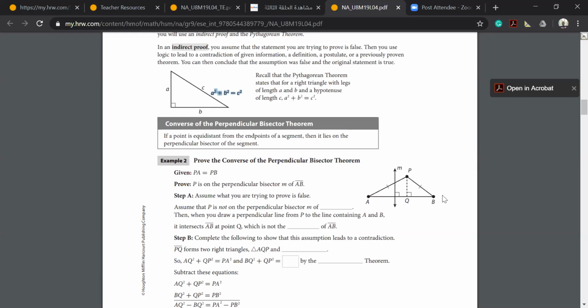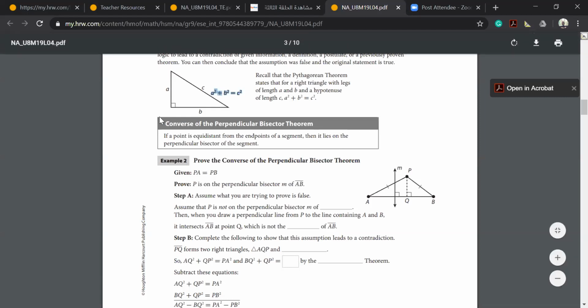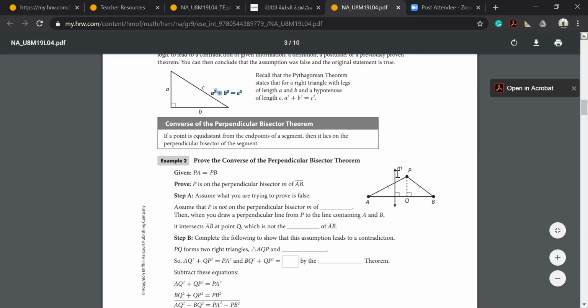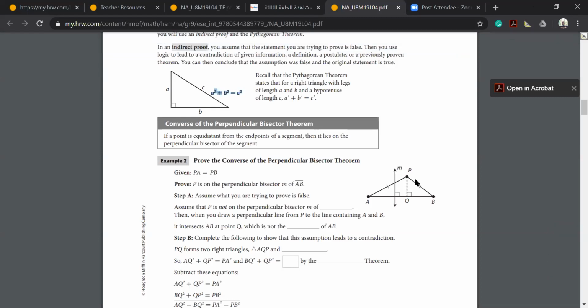Okay? In the beginning, the word indirect proof, just to understand it, means that you are going to prove in an indirect way. Direct is the direct way, indirect is as if you are contradicting yourself. We are going to contradict ourselves.